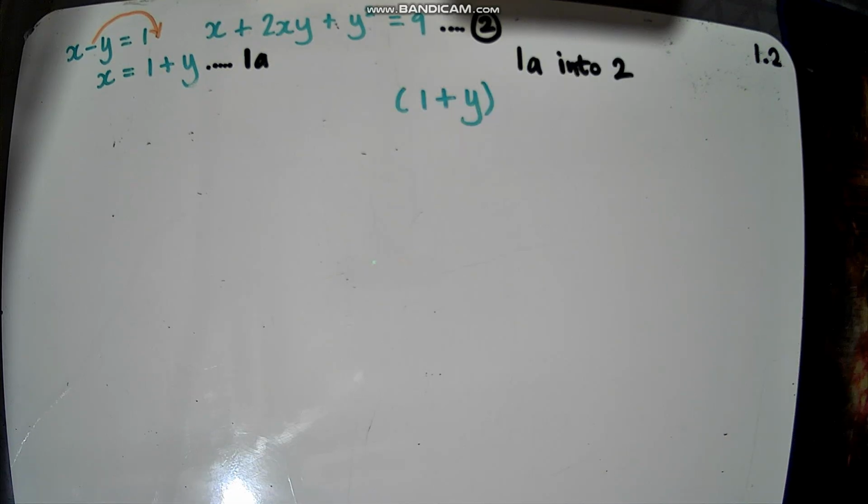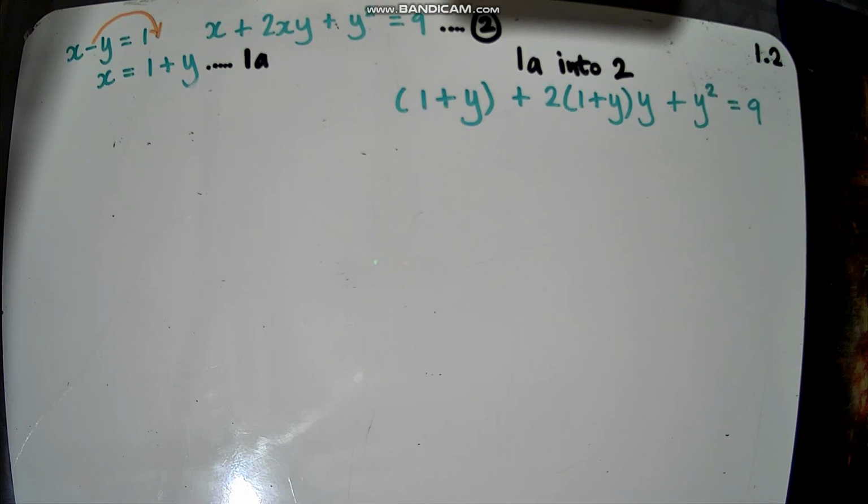So where x is, I'm substituting 1 plus y. 2x, so it's 2 open brackets, 1 plus y, followed by y, and then we have y squared is equal to 9.